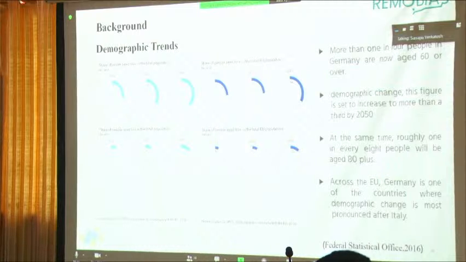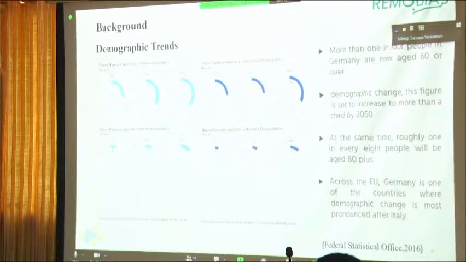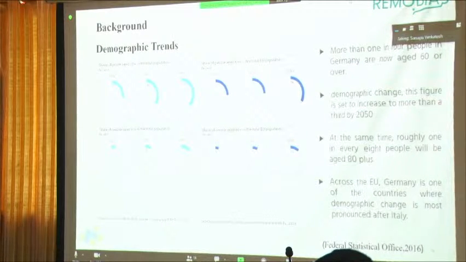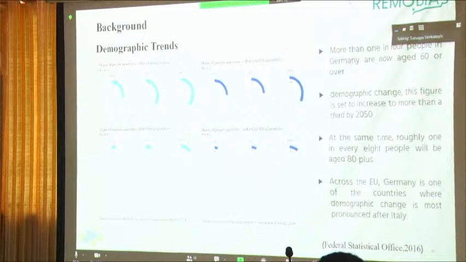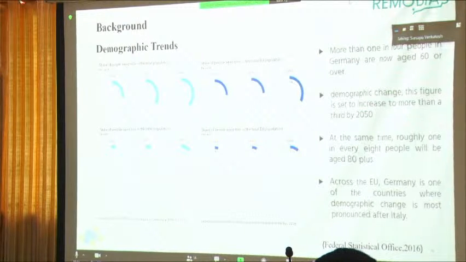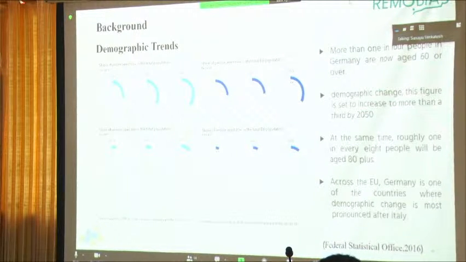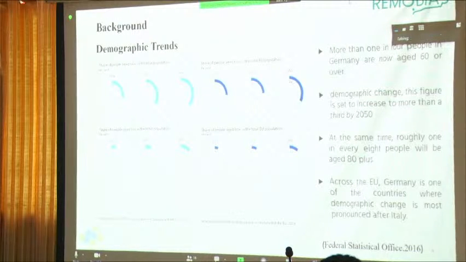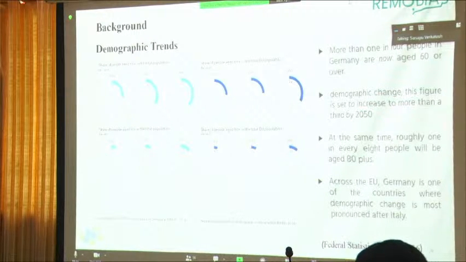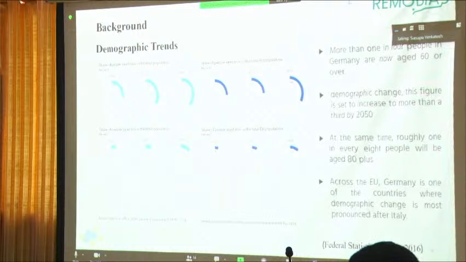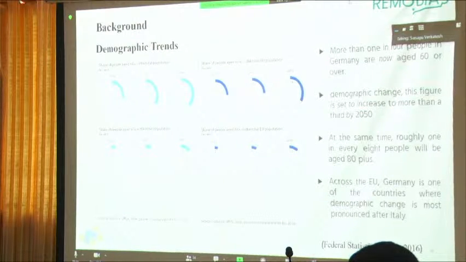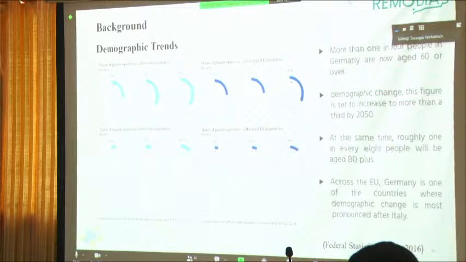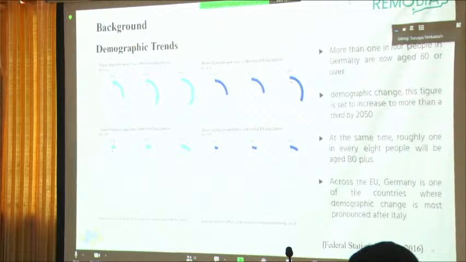The people who are more than 60 years old in Germany are around one-fourth at this moment. This number will increase by 2050 up to one-third. At the same time, the people who are more than 80 years old will go to 1 out of 8 people. And surprisingly, these people want to live in villages.